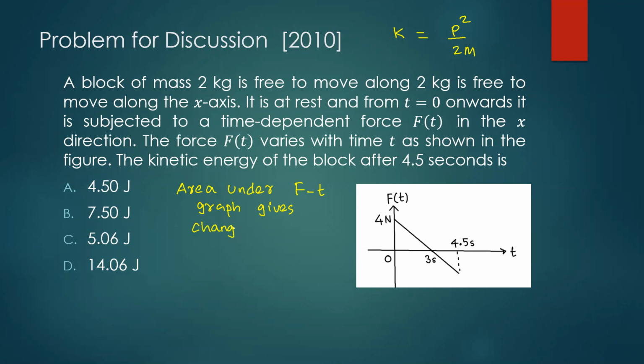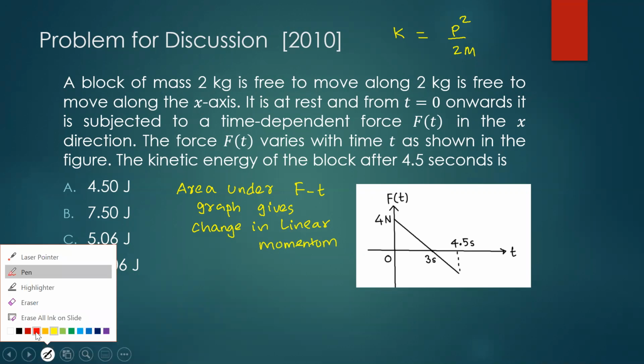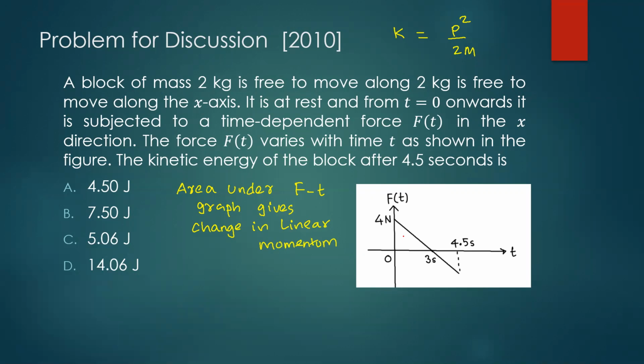So because the initial momentum is 0, you're going to get only the final momentum. But you have to be careful here. Any area above the time axis would be positive. Any area below the time axis would be negative. That means here the area corresponds to a decrease in linear momentum.